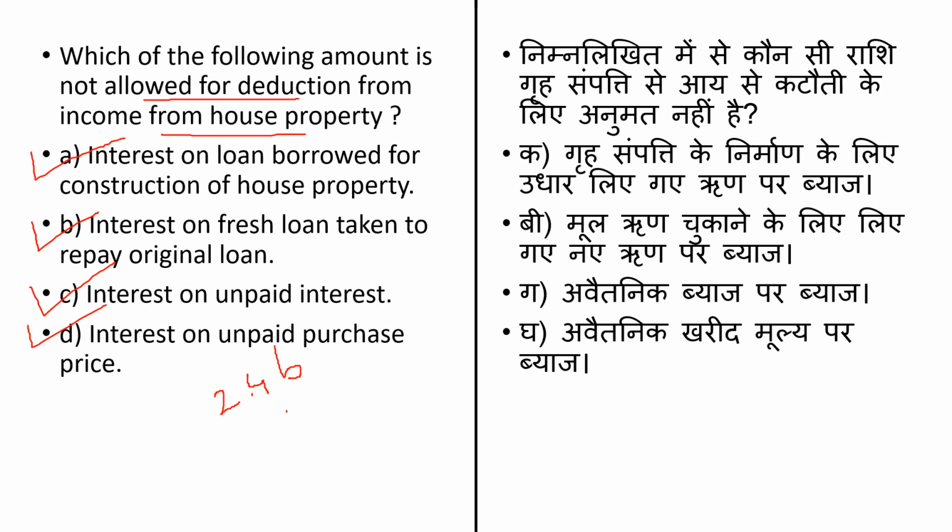Interest or a penalty on unpaid interest shall not be allowed as a deduction. That means the correct answer for this question will be option C. That is, interest on unpaid interest is not allowed for deduction from the income from house property.